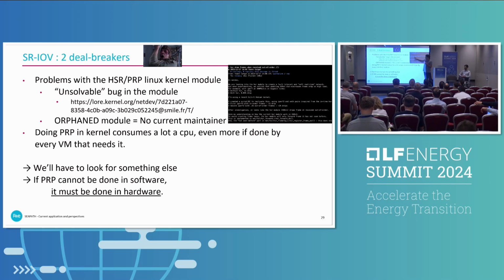In this kernel module, if the packet arrives out of order, it will be dropped. And so basically, you will have to rely on the upper layer, like TCP, to resend the packets. It would create huge latencies.